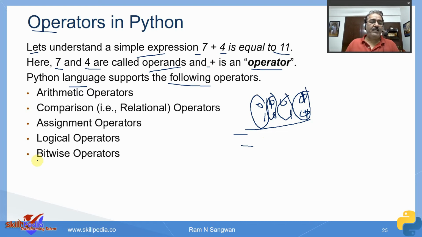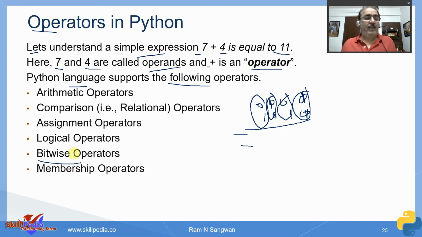We have bitwise operators also. And then membership operators, to check whether a value is a member of a given list or tuple or dictionary. That is finding out whether a given value is a member of a given group or not. And then identity. We need to understand all of these operators in detail, and we have a session on this, don't worry.